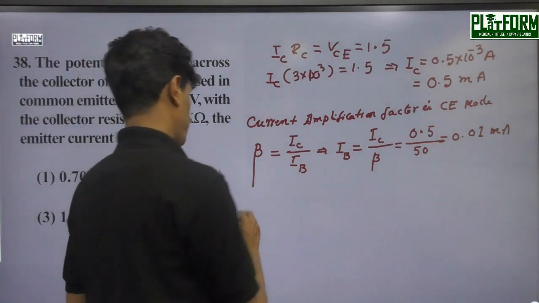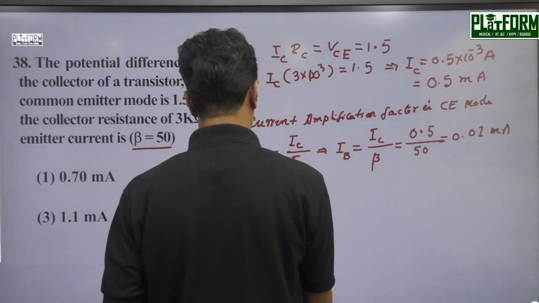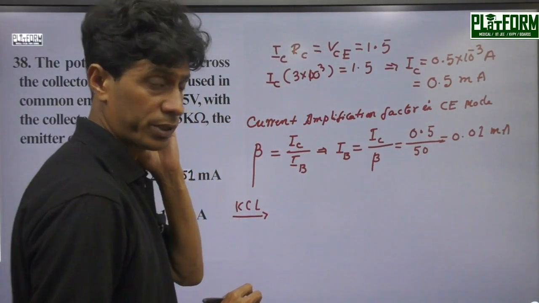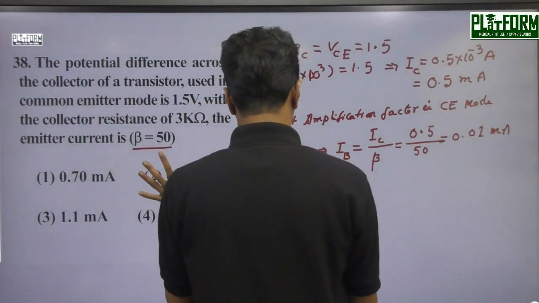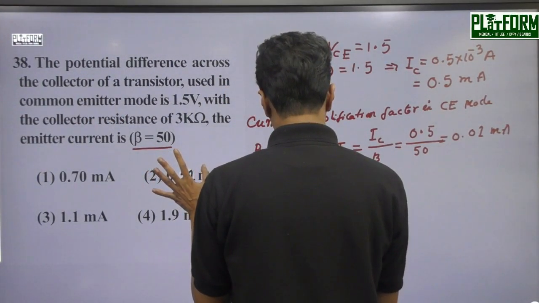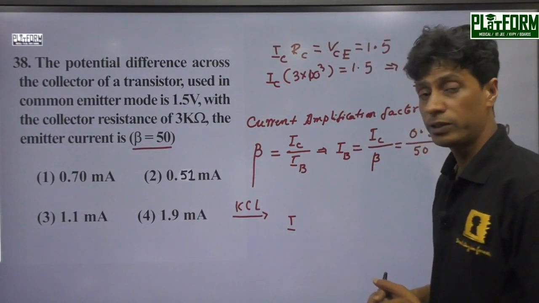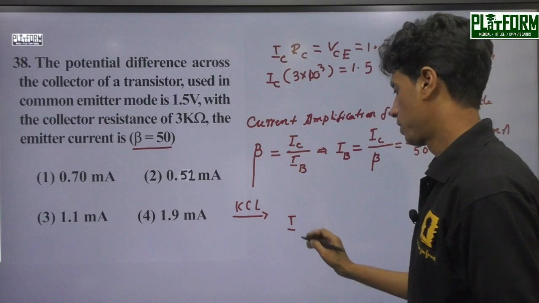And you know from KCL in the common emitter mode of connection, the emitter provides majority charge carriers to the collector through the base.